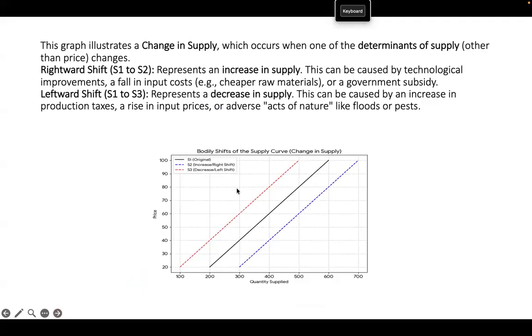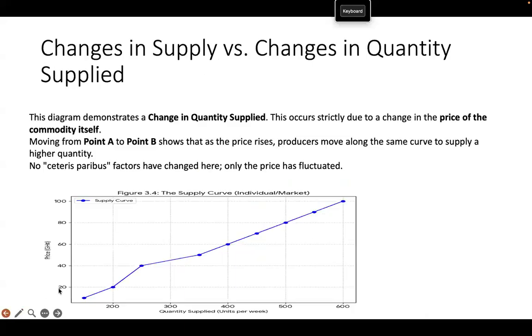With changes in quantity supplied, it occurs when the price of the commodity itself changes.